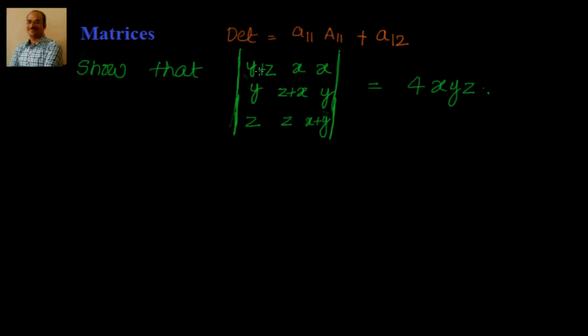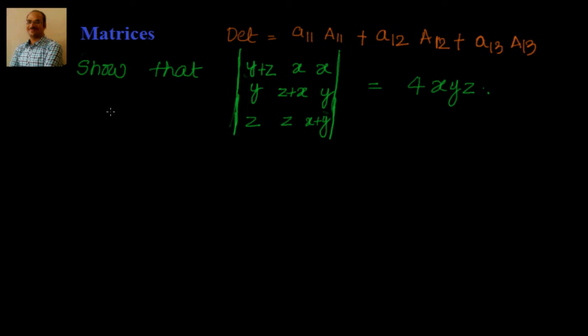We are taking the first row now, that's why A11, A12, A13, each multiplied by its cofactor. We can do it that way, but it will take some time. So we will try to leverage properties of the determinants.